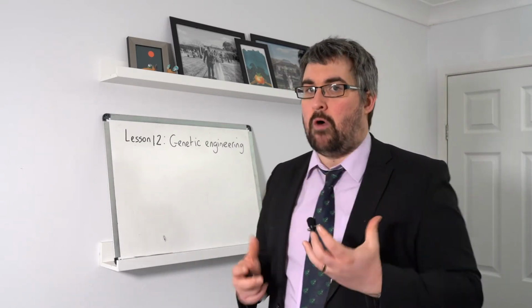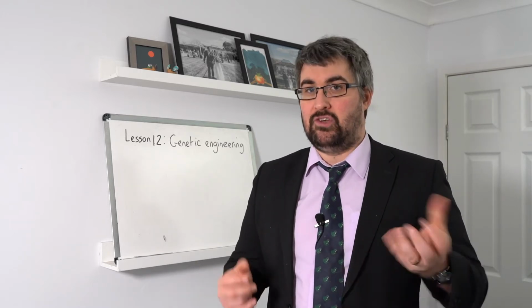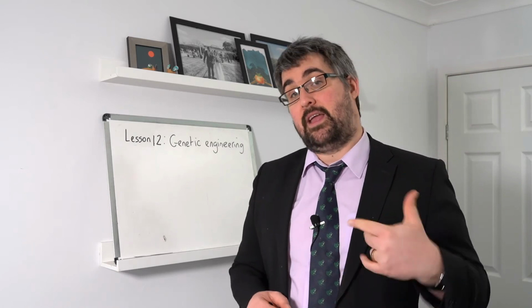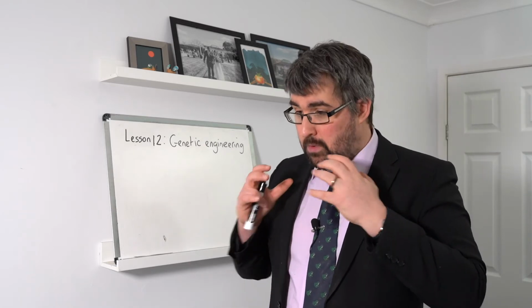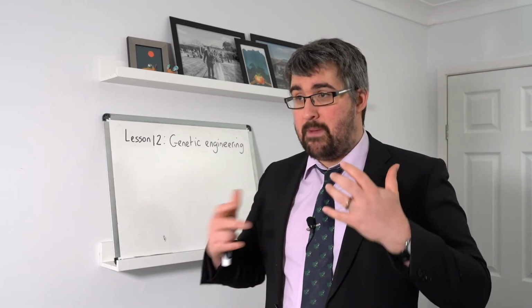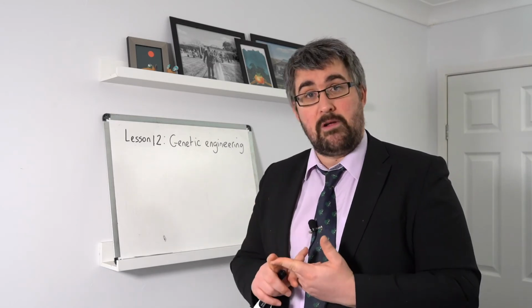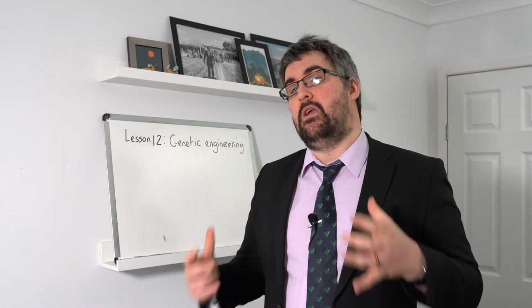What is probably more common when it comes to genetic modification is what we call GM crops. GM, or GMO, stands for genetically modified organisms. There are many major advantages to doing this for our crops. Genetically modified crops might give us higher yields, so they produce more food per unit of crop.